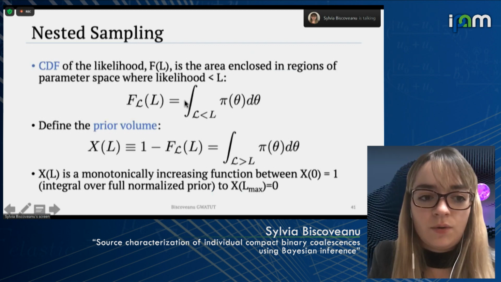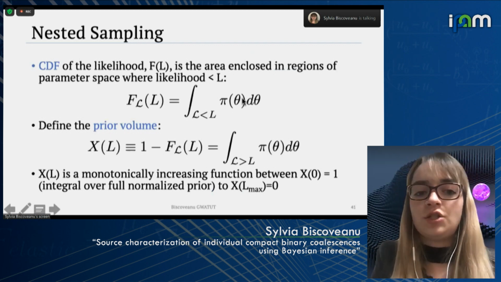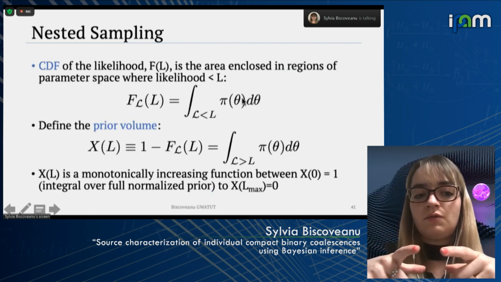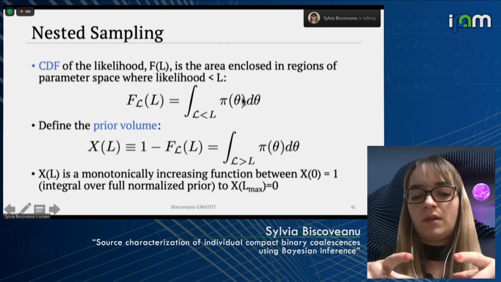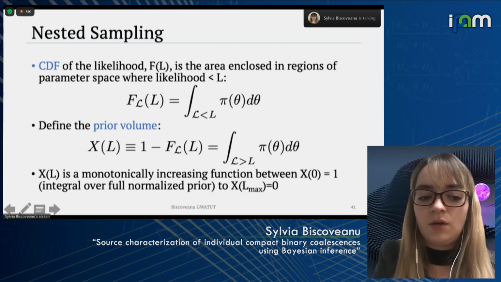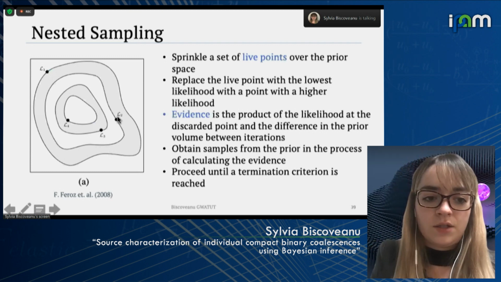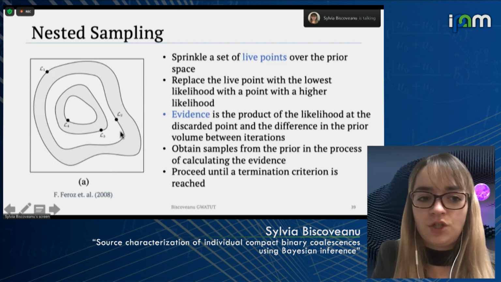And so the CDF of the likelihood is just the area enclosed in regions of the parameter space where the likelihood is less than some value L. So if we go back to the diagram here, if we wanted the CDF at L2, it would just be the area enclosed in this region outside the L2 isolikelihood contour.